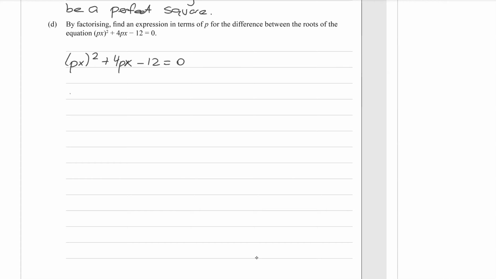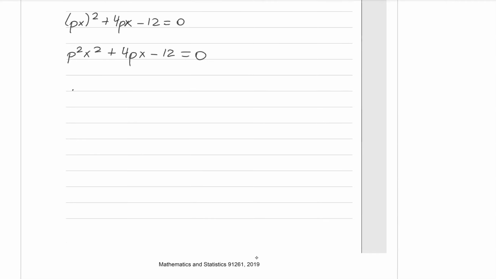I can rewrite that as p squared x squared plus 4px minus 12 equals 0. Because I've got p squared, I know that I'm going to have something along the lines of px, because px times px is p squared x squared. Now I'm looking for two numbers that multiply to negative 12 but add to positive 4.